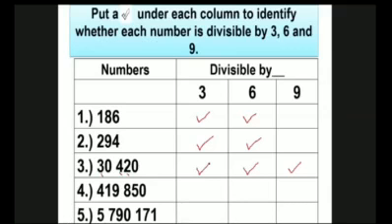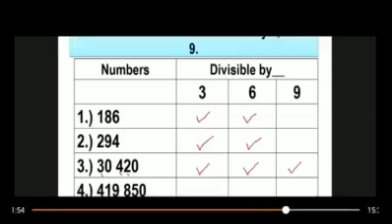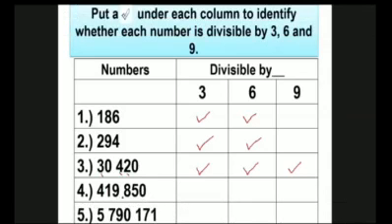How about 419,850? Do you think it is divisible by 9? So maybe start with 9. So 4 plus 1, 5 plus 9, 14, 22 plus 5, so 27 all in all. 2 plus 7 is 9, that is already divisible by 9. Is it divisible by 6?